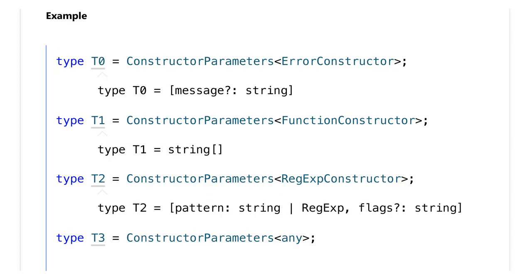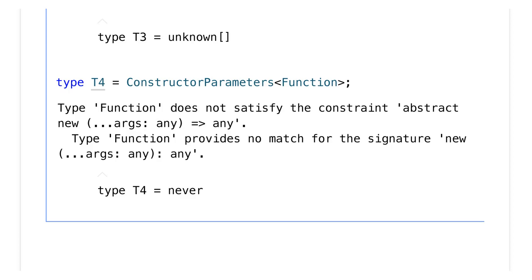Example. type T0 = ConstructorParameters<ErrorConstructor>; type T0 = [message?: string]. type T1 = ConstructorParameters<FunctionConstructor>; type T1 = string[]. type T2 = ConstructorParameters<RegExpConstructor>; type T2 = [pattern: string | RegExp, flags?: string]. type T3 = ConstructorParameters<any>; type T3 = unknown. type T4 = ConstructorParameters<Function>; type Function does not satisfy the constraint abstract new (...args: any) => any.